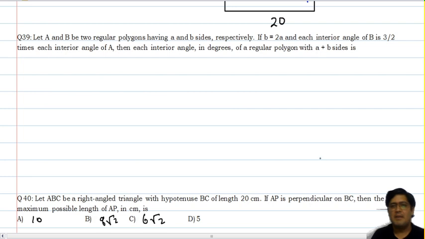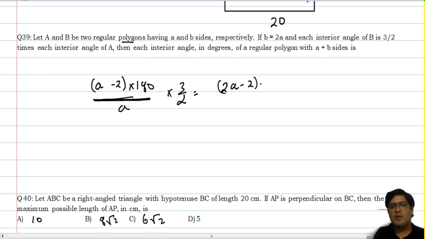तो पहले तो A और B की बात कर लेते हैं. For a regular polygon, the internal angle is (n minus 2) into 180 by n. Here, if the number of sides is A, it is (A minus 2) into 180 by A. This is one interior angle of polygon A. 3 by 2 times of this is one interior angle of polygon B. So here I directly get a hint.